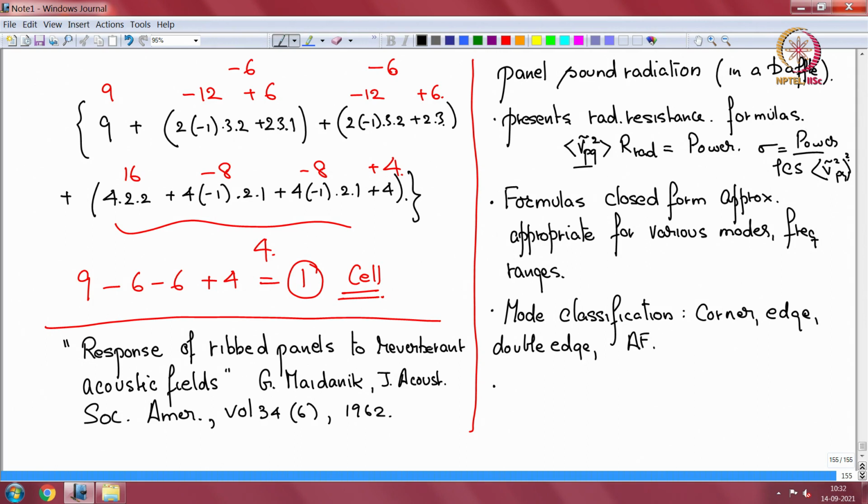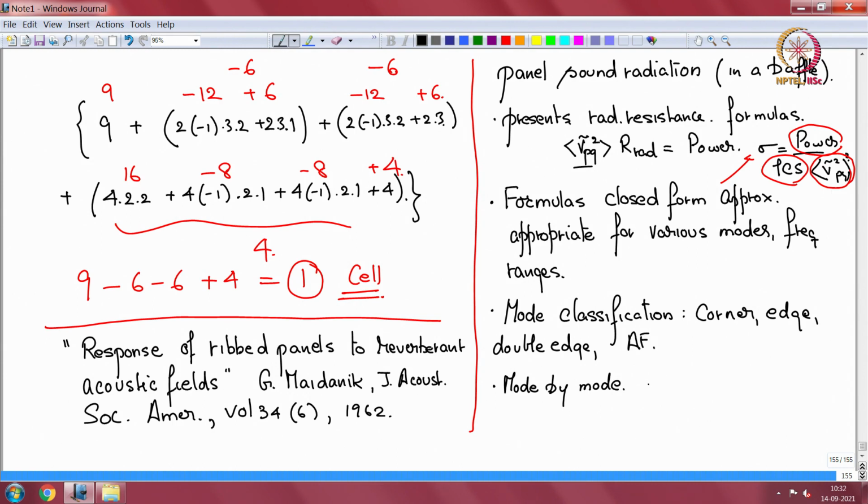So power divided by this entity is your radiation resistance. So radiation efficiency into rho c S is radiation resistance. Okay, so he presents radiation resistance. So this is modal, mode by mode.